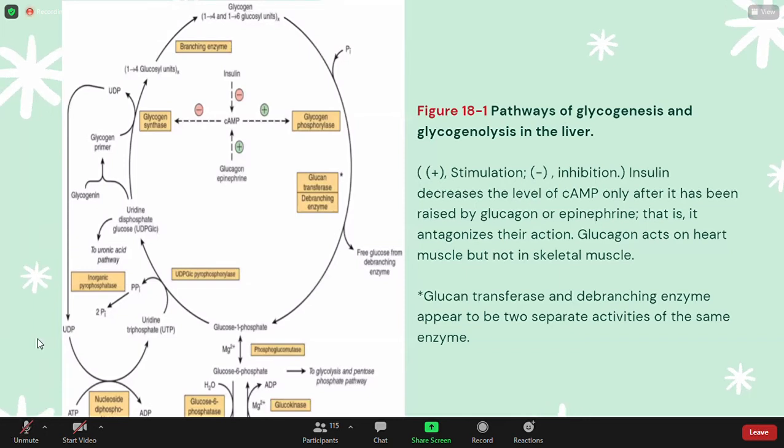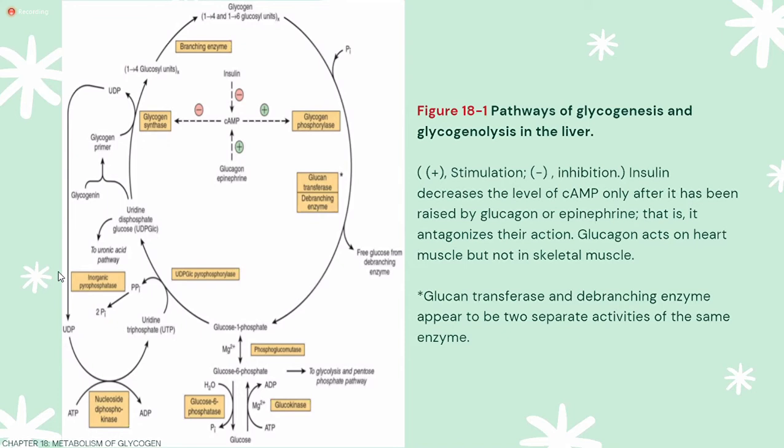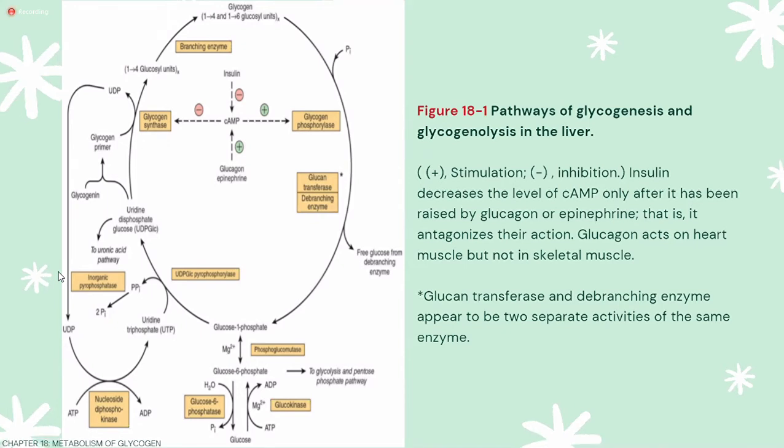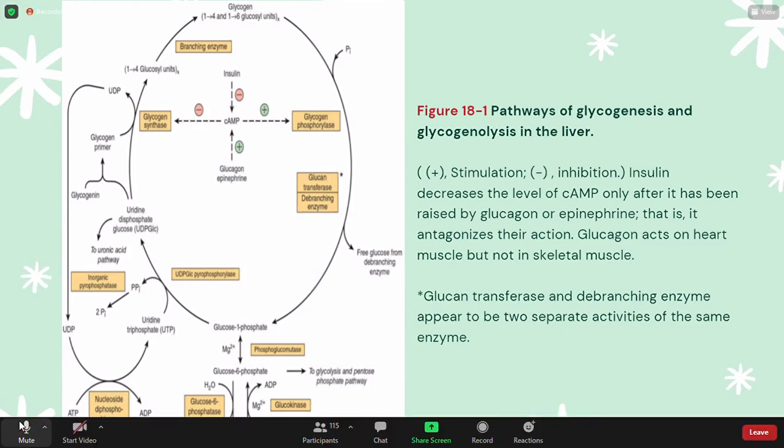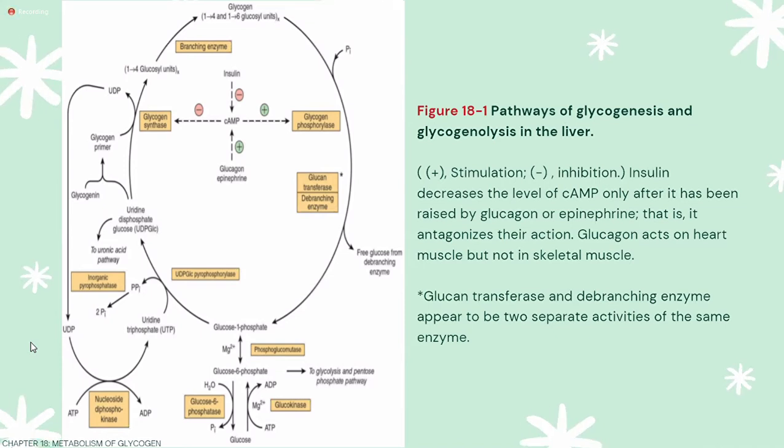It adds a phosphate. So it adds a phosphate to glycogen synthase. It adds a phosphate to glycogen phosphorylase. What happens when glycogen synthase has a phosphate? It is inhibited. But a phosphate on glycogen phosphorylase is very happy. It is stimulated.